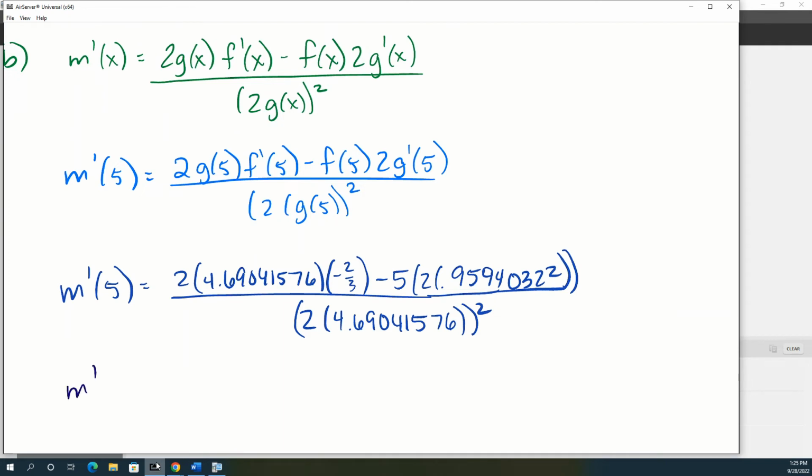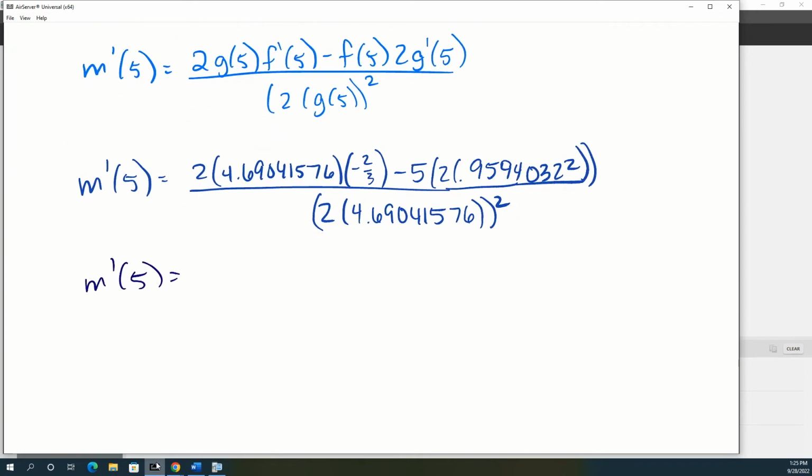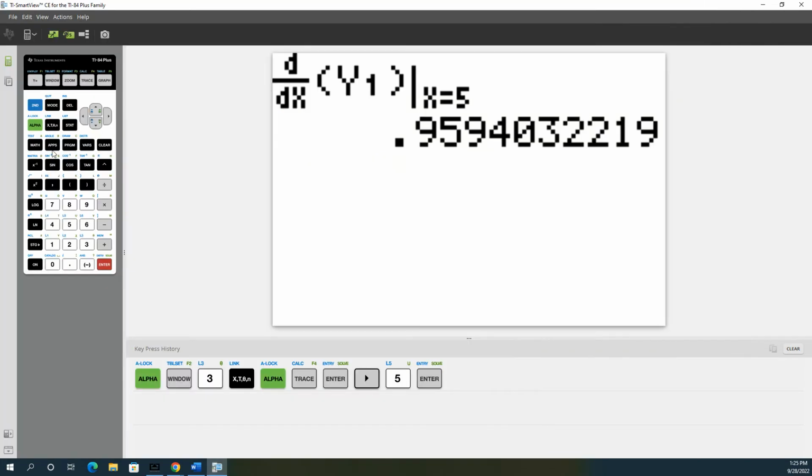All right, and you would need to write all that down. Then finally, I would type all that in the calculator. Okay, so to get the fraction, I'm going to do alpha y equals. Let's see if I can go back up and pick some things that I cleared.